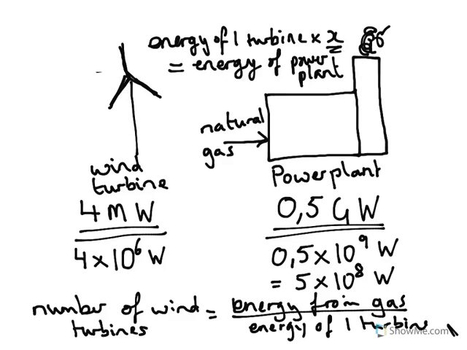We don't know exactly what X is yet, but we're going to need a lot of them probably. So the energy of one turbine multiplied by how many wind turbines we need gives us the energy of the power plant.